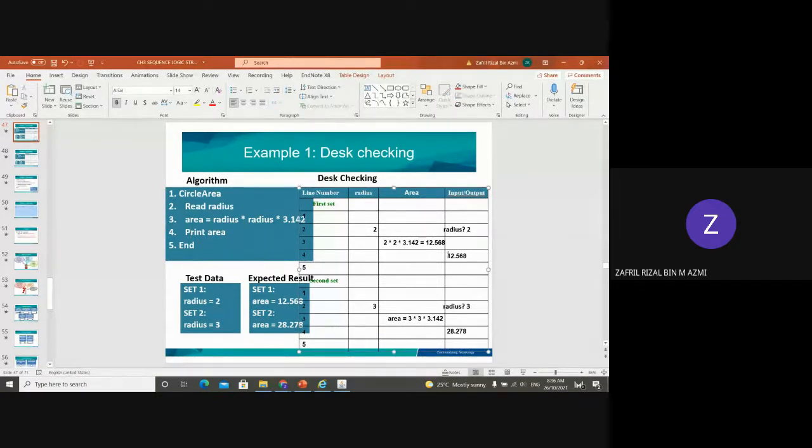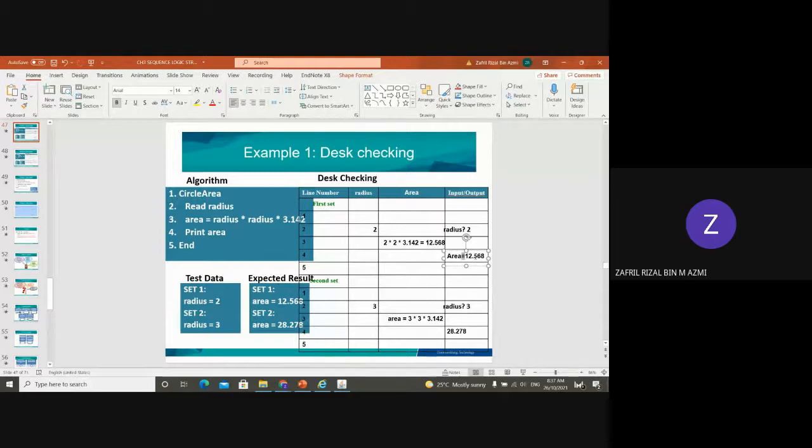So we put area equal to 12.568. This indicates that the process in line 4 is an output process.